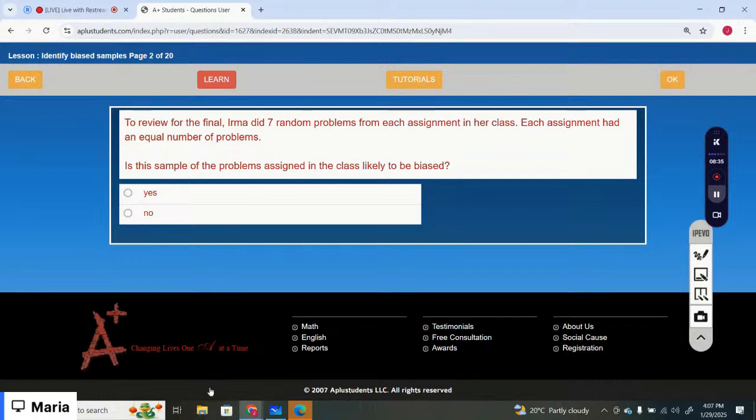So no, that is not biased, that is a random sample.